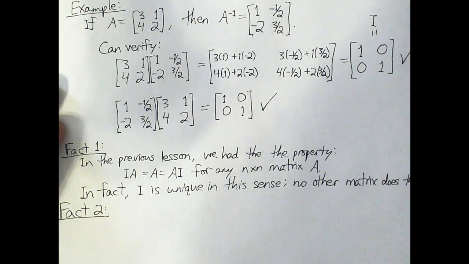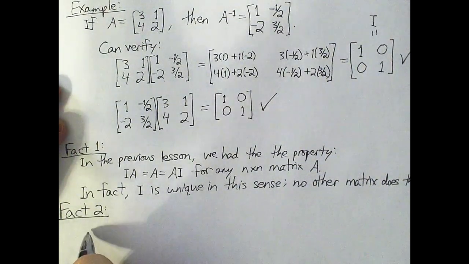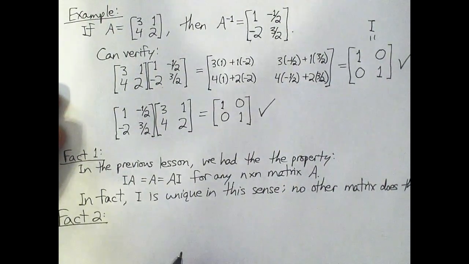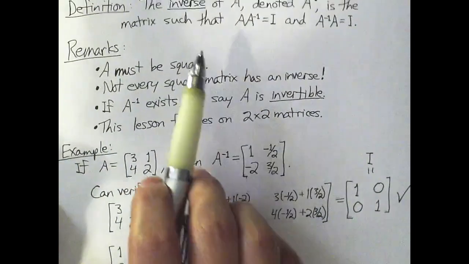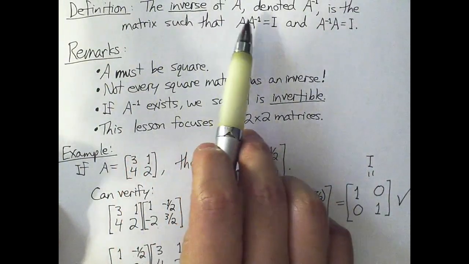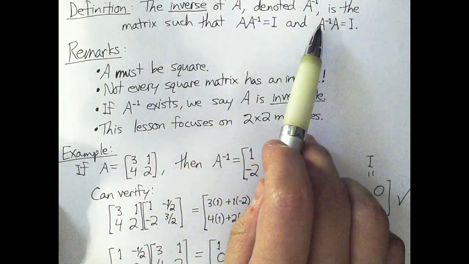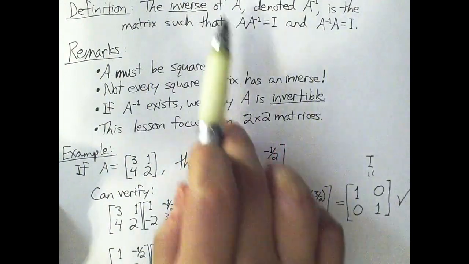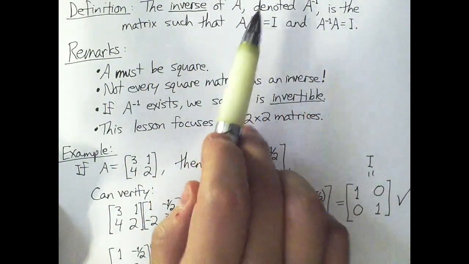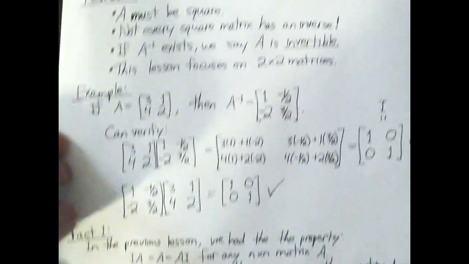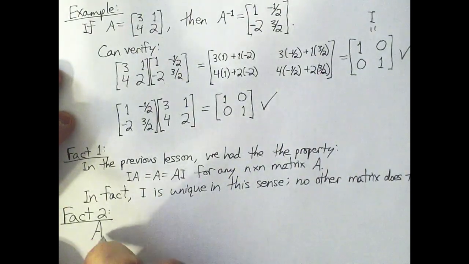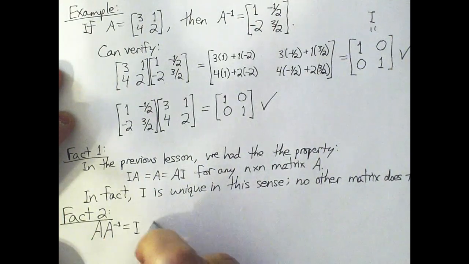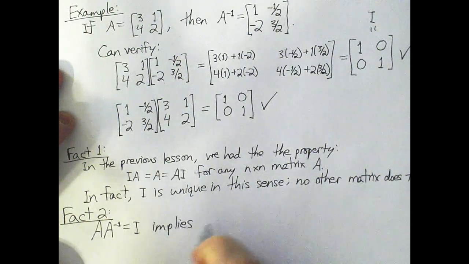All right, fact 2. I just want to remind you that up at the top of this page, in the definition of inverse, we said A times A inverse equals I, and we said A inverse times A equals I. To be an inverse, it has this and this. What I want to tell you now is that the first one actually implies the second one.